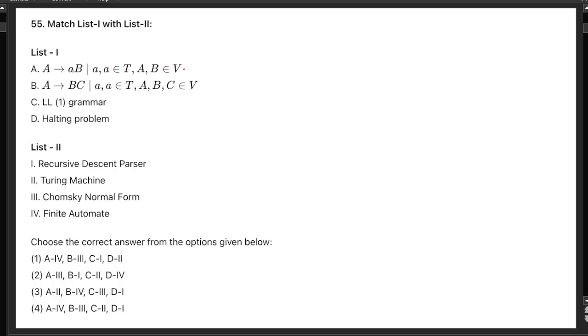So this matches with finite automata. Now if we see option B, A belongs to BC, and A belongs to terminal, ABC belongs to variable.